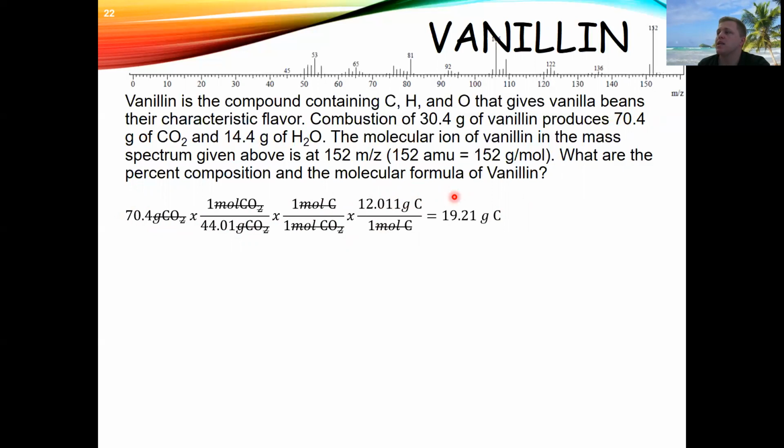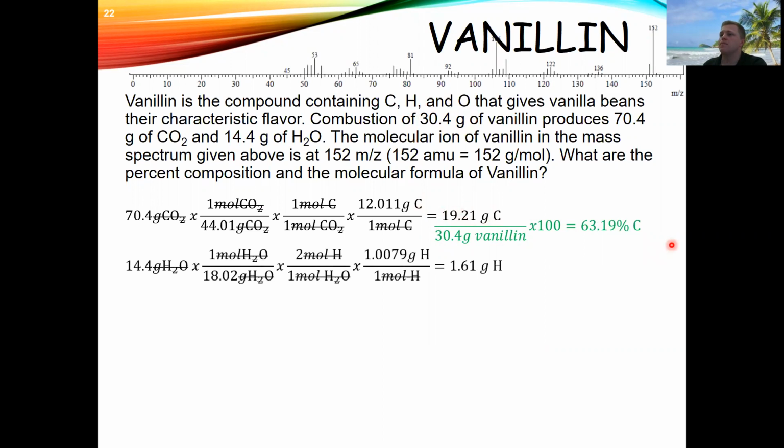Now we know there were 19.21 grams of carbon produced or released when we burned 30.4 grams of vanillin. So let's turn that into a percent composition. We will divide by 30.4 grams of vanillin and multiply by 100% to get 63.19% carbon.